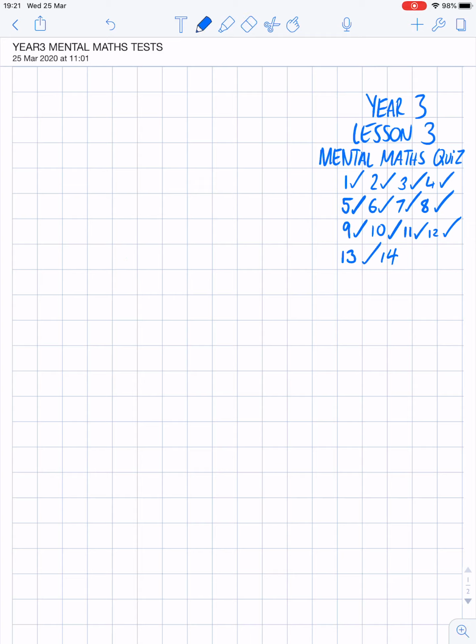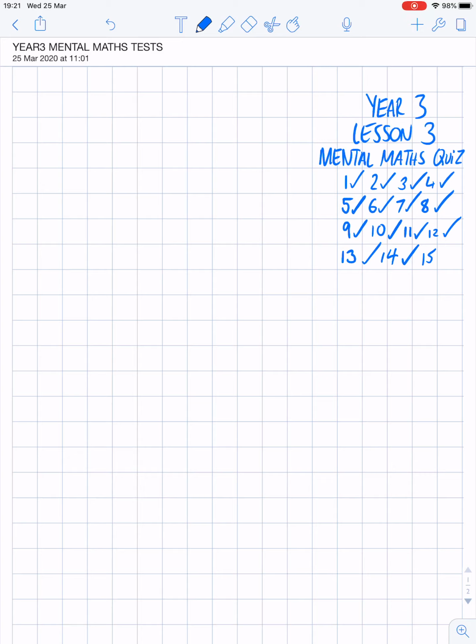Question 14. Share £3 equally between 2 people. Share £3 equally between 2 people. And the last question, question 15.